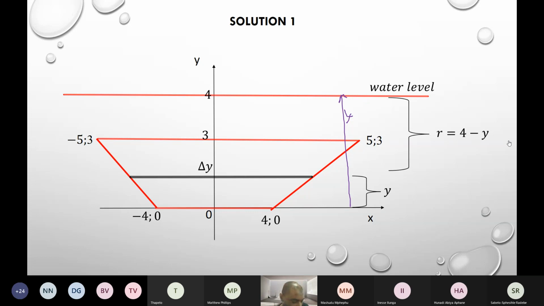Yes, Kayowa. Please, sir, why can't we draw the strip according to the x-axis? Because when I'm looking for depth of center of pressure, it's like you're calculating pressure in a liquid. Now, pressure in a liquid is measured as a height. Let's say this is the liquid here.